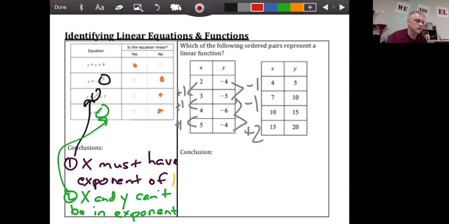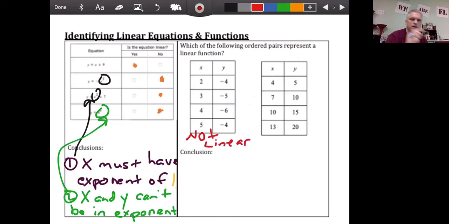This one is not linear. Okay, so we would say this is not a linear graph. And if you plotted those points, you'd see that you got 1, 2, 3 of them that are on the same line, and then you'd have one of them that would be off a little bit.